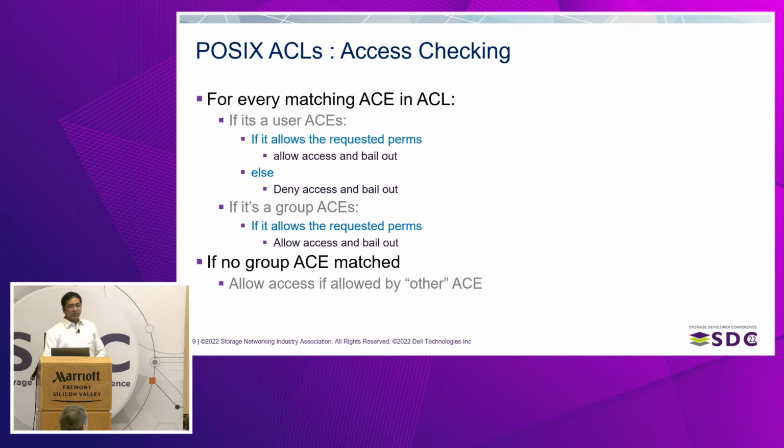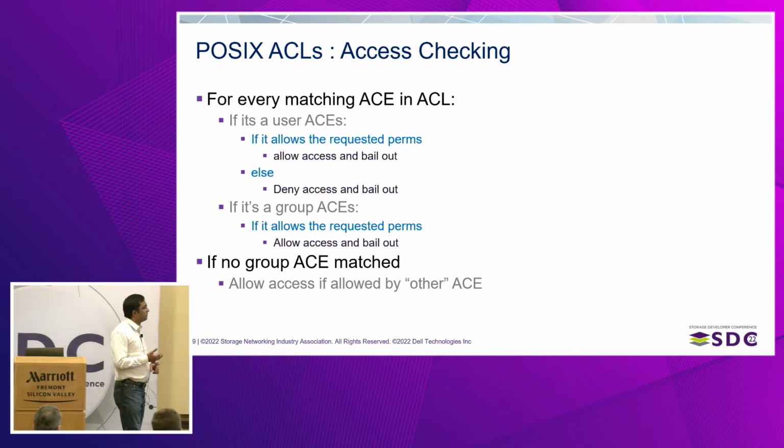Okay, so here's a POSIX ACL checking algorithm. The thing to note here is that the first part is where you go through the ACE list, and the second part comes after the ACE list. The first part is the ACE loop, basically. This is actually a summary of the access checking algorithm.